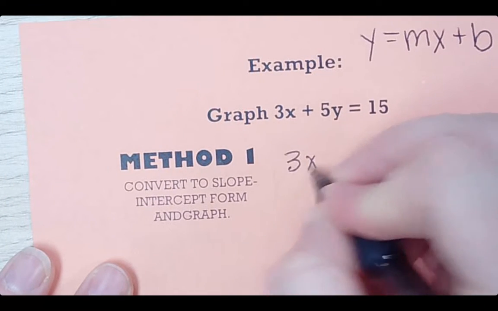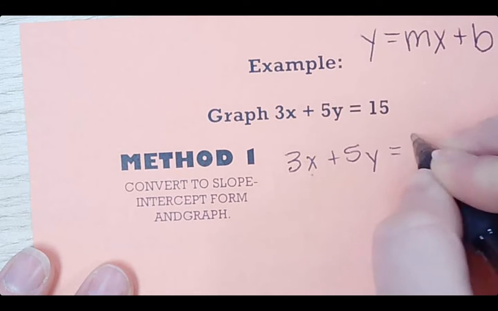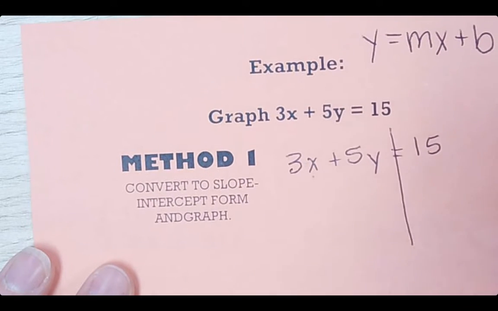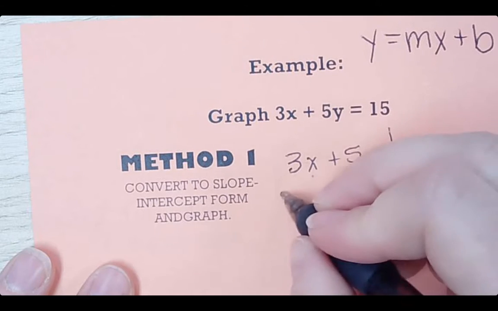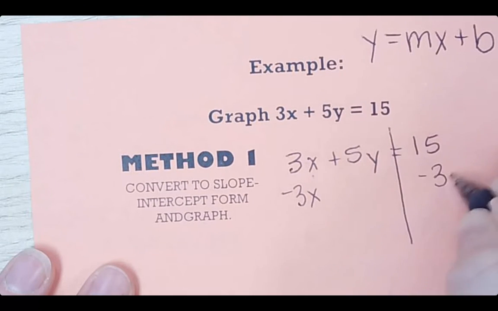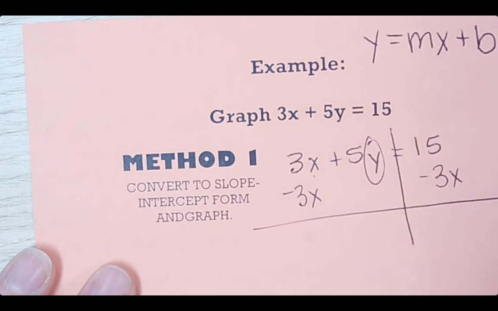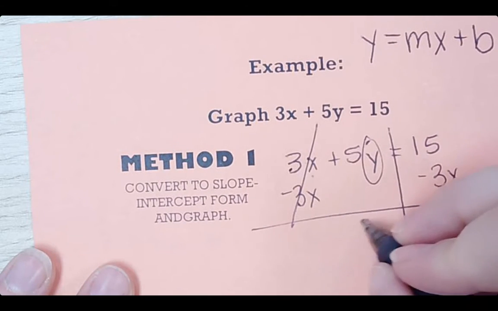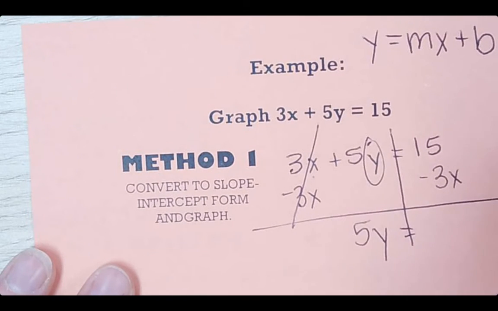So 3x plus 5y equals 15. I need to subtract 3x on both sides because I'm getting y by itself. I'm left with 5y equals, I want to put it in mx plus b, so negative 3x plus 15.